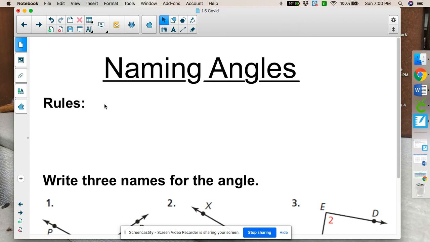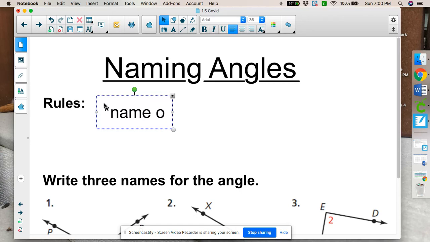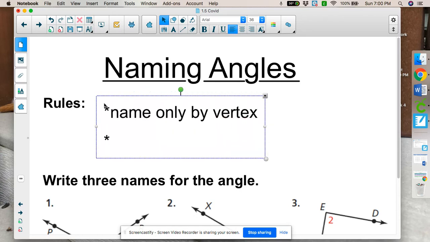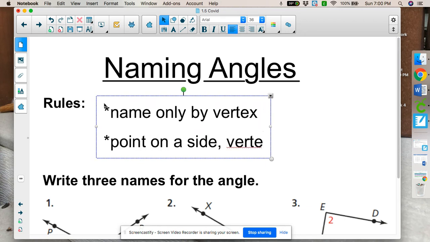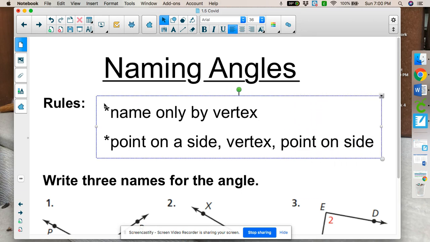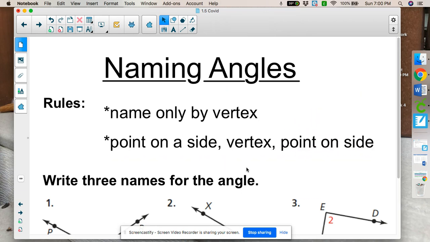So when we name angles, there's a couple of rules. We can choose to name them only by the vertex. But if there's more than one angle in the diagram, then we have to choose a point on the side of the angle, followed by the vertex, followed by a point on the other side. So let's look at how this works.